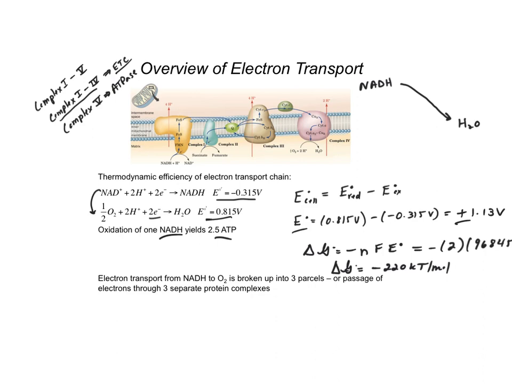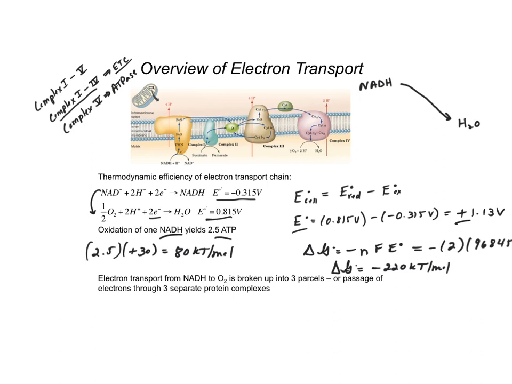For every 1 NADH, I get 2.5 ATP. So the cost of making 2.5 ATPs would be 2.5 times approximately 30, and I'll just say 30 rather than negative. So approximately this ends up being about 80 kilojoules per mole that we actually need in the synthesis of these 2.5 ATPs. So there's lots more energy available than what we actually use.